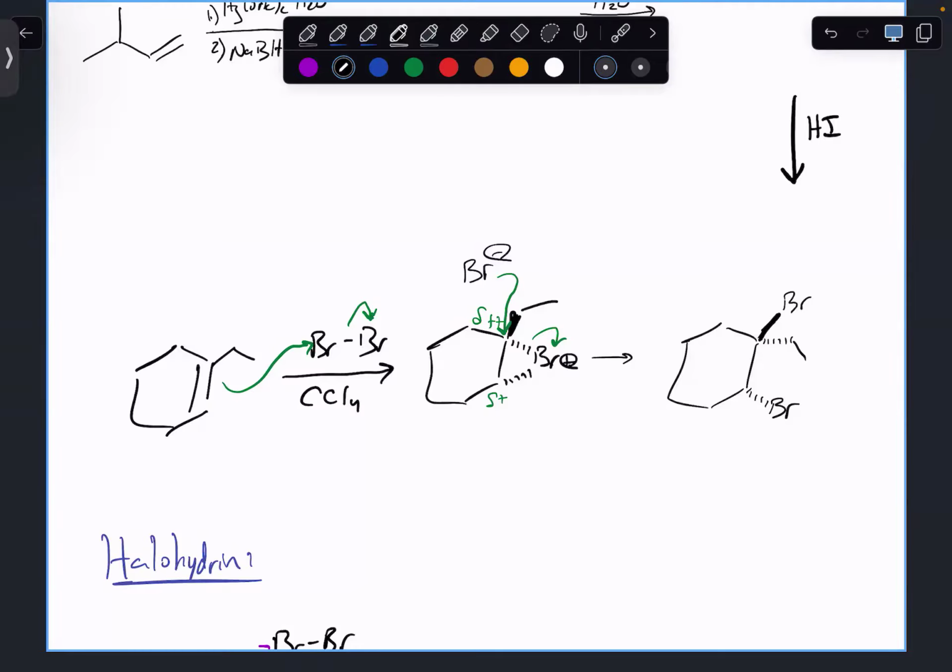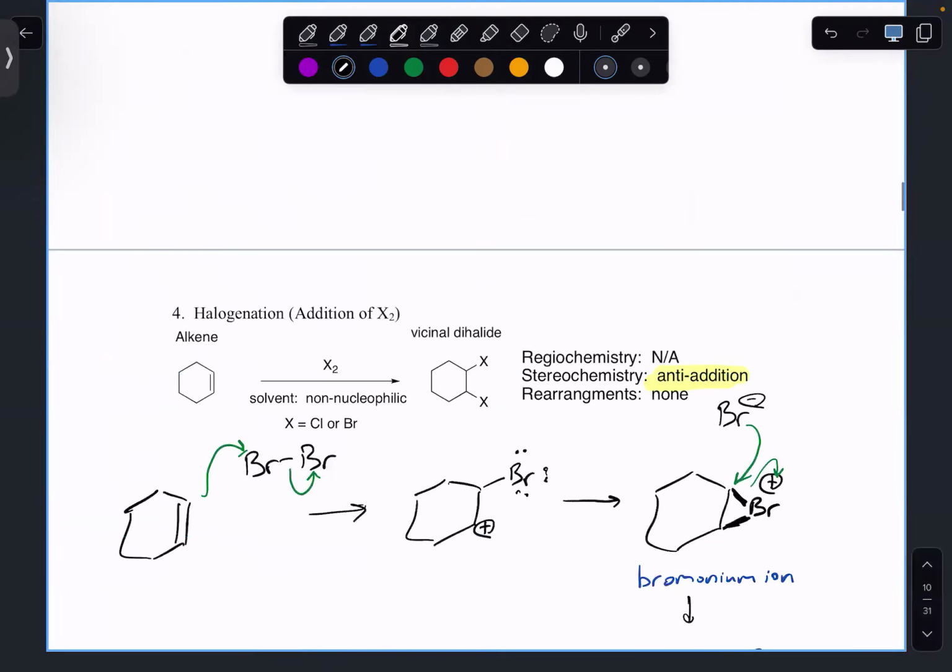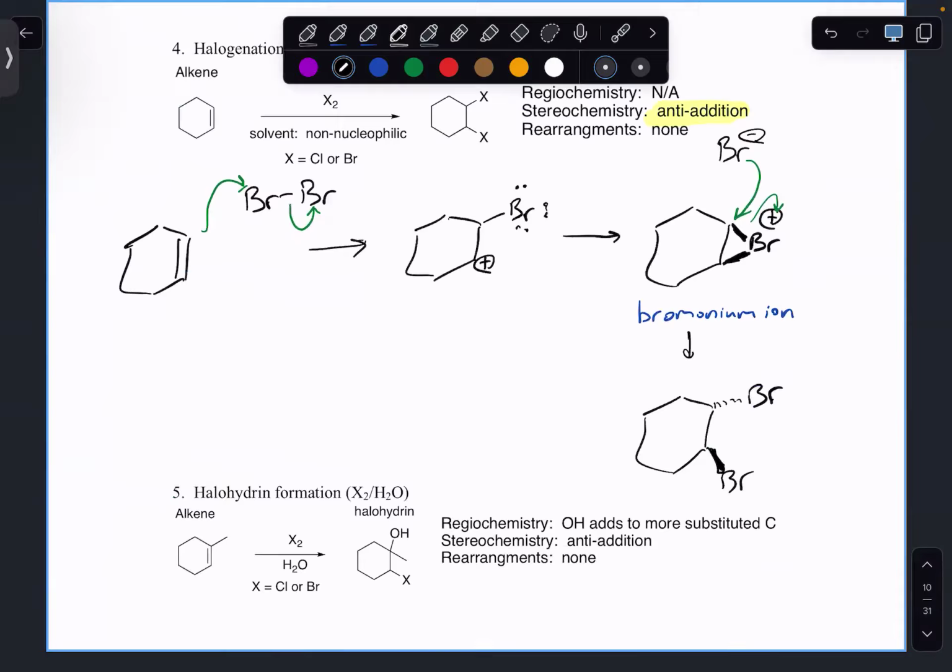Like you could do this reaction with something like that. I guess it really wouldn't make that much of a difference here if you're just adding Br2 across it, because it would end up looking something like that.